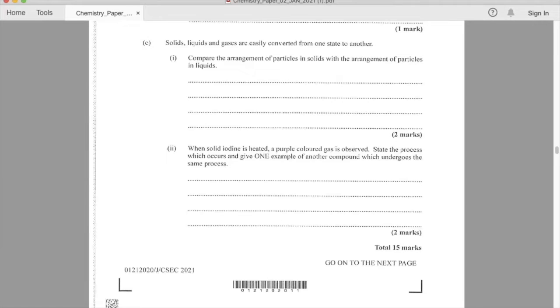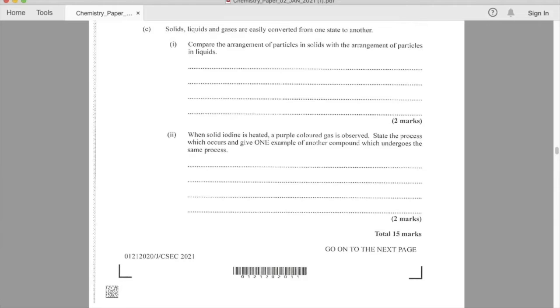Solids, liquids, and gases are easily converted from one state to another. Compare the arrangement of particles in solids with the arrangement of particles in liquids. So in solids, the particles are very close. We're going to write: in solids, the particles are very close to each other, with very little space between them.